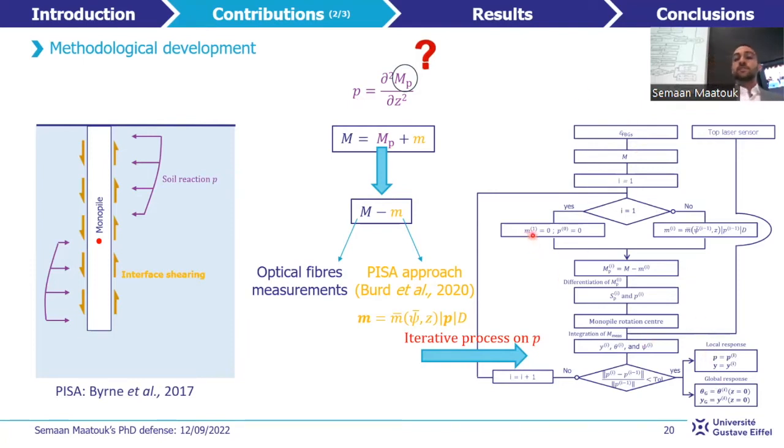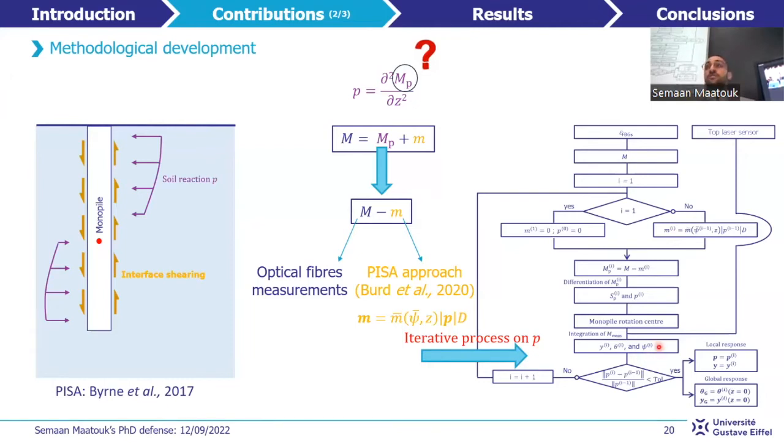At the first increment, at the first iteration, the distributed moment and the soil reaction are assumed null, as the monopile is considered at rest initially. Therefore, MP is equal to M, and after conducting differentiation and integration procedures, the profiles of the displacement, rotation, and the soil reactions are obtained along the length of the monopile.